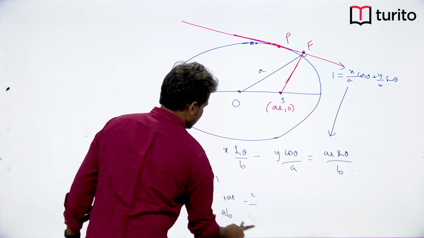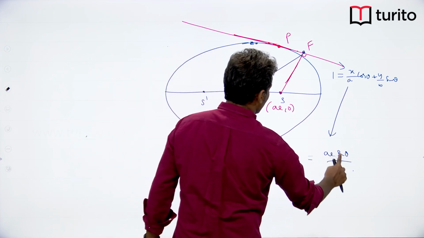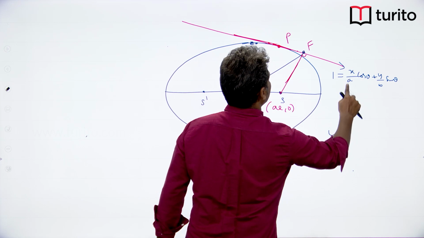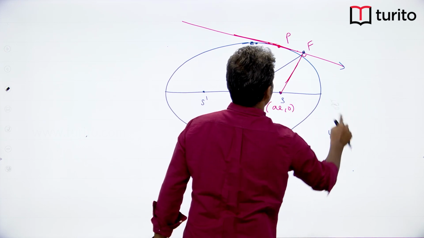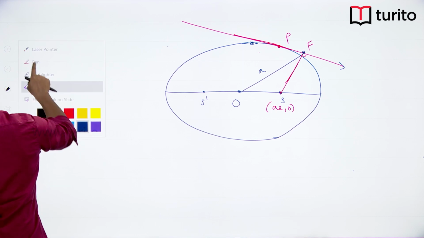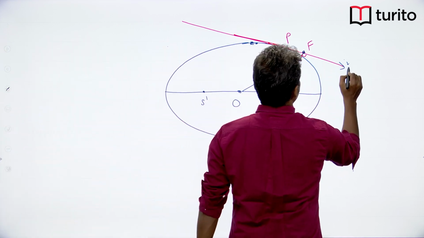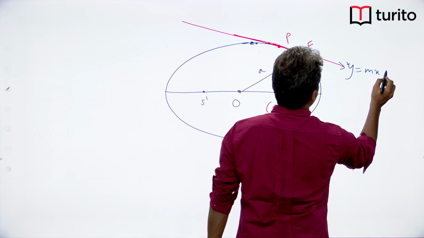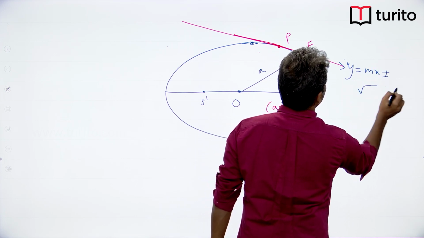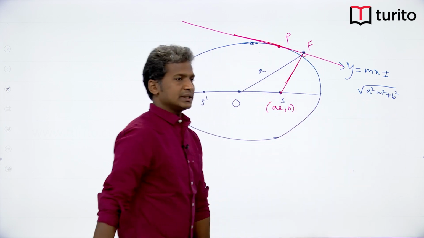Okay. So, let me just show that to you. So, here also algebra is going to be little long, but you can finish it on your own. So, let me just give you the idea here. Suppose if I take this line as y equal to mx plus minus root of a square m square plus b square. Let us say this is my tangent.